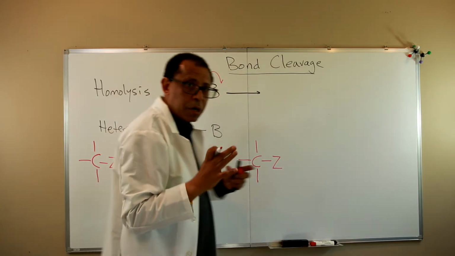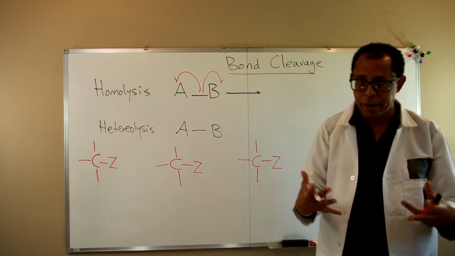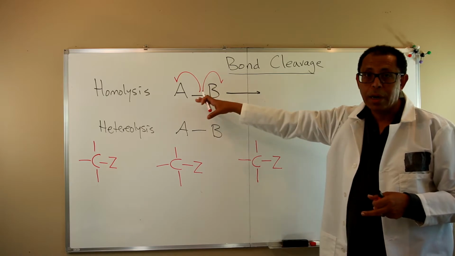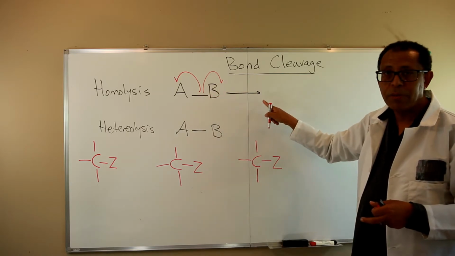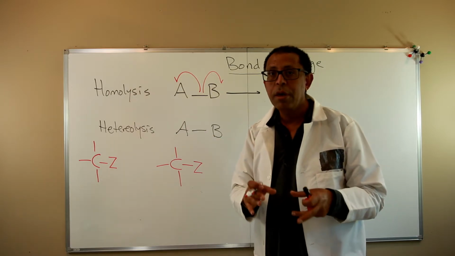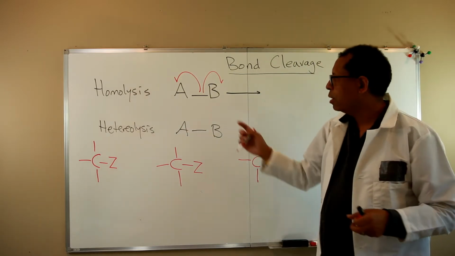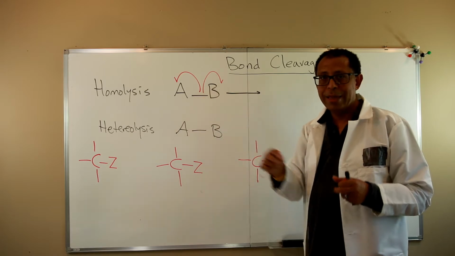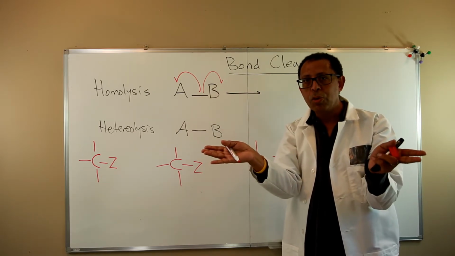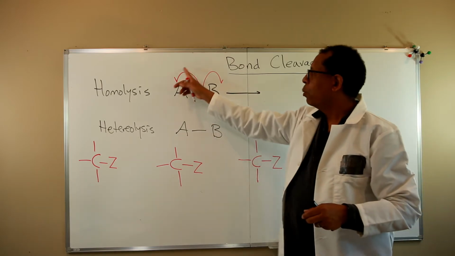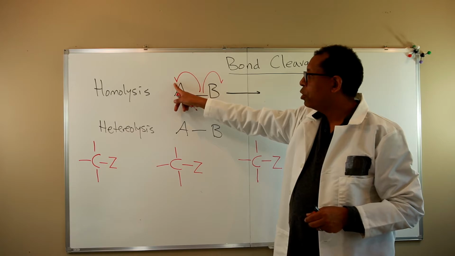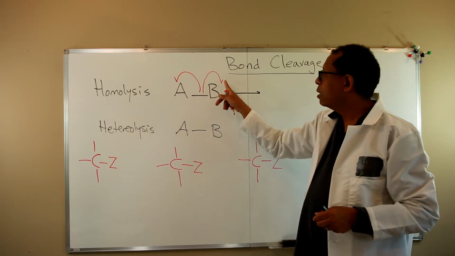The shared electrons are shared equally by the two atoms. A homolysis bond cleavage is a breaking of a single bond exactly in two parts.